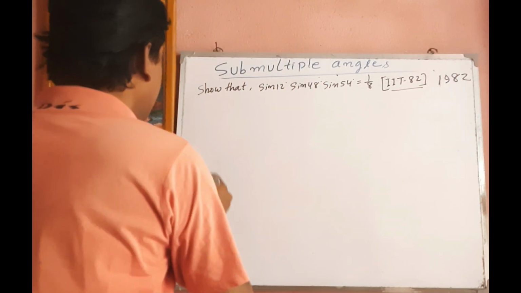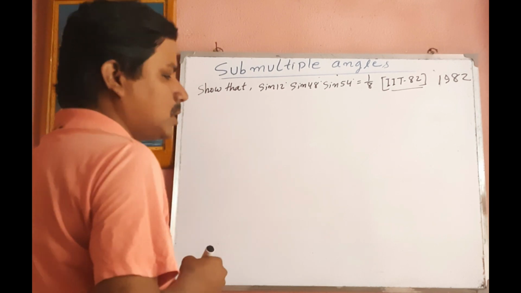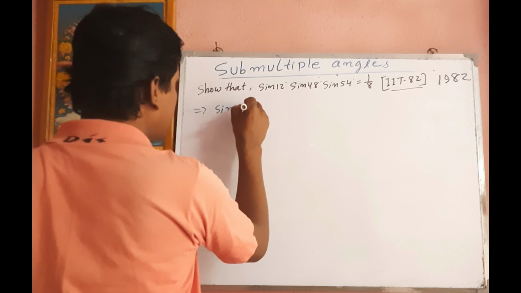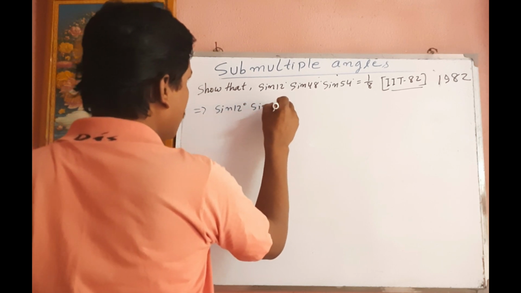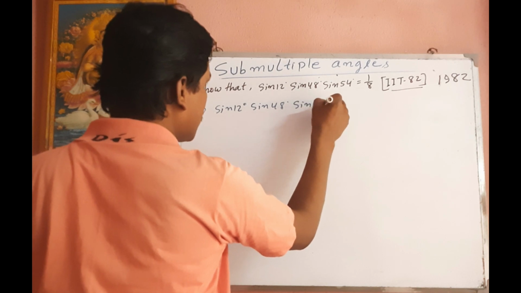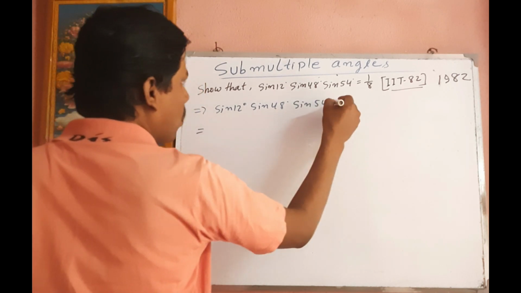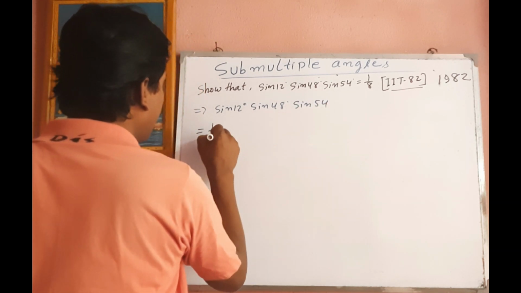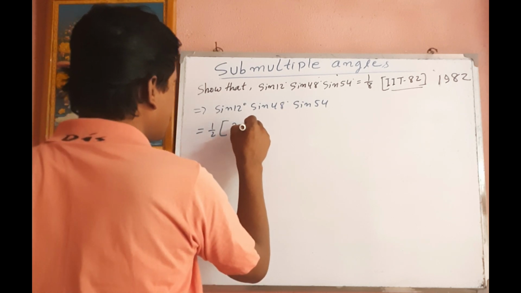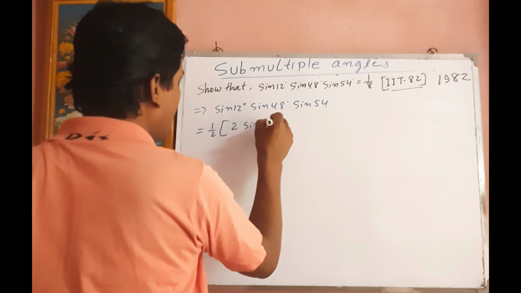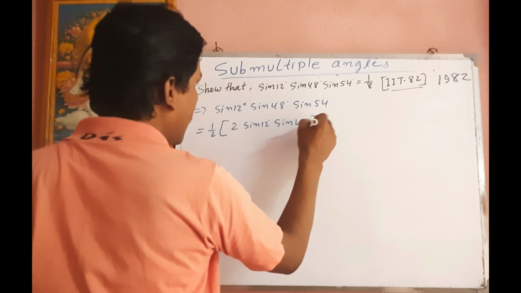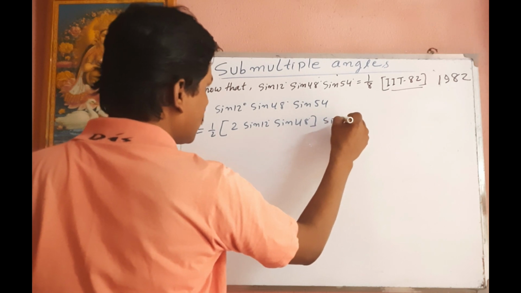Now at first, from the given information, we can write sine 12 theta, sine 48 theta, sine 54 theta. Now if we multiply with half, then we get 2 sine 12, sine 48 and sine 54.